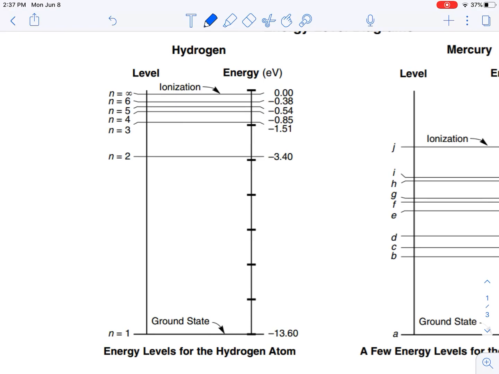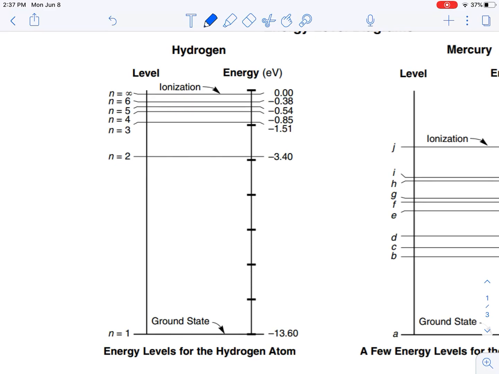Okay, not joules. Why is it negative? Well, it's negative because the electron is bound to the atom, right? Now, if it's ionized, the energy is 0 because it's no longer bound to that atom. We're going to do some of the math of this in a bit, but just keep that in mind.